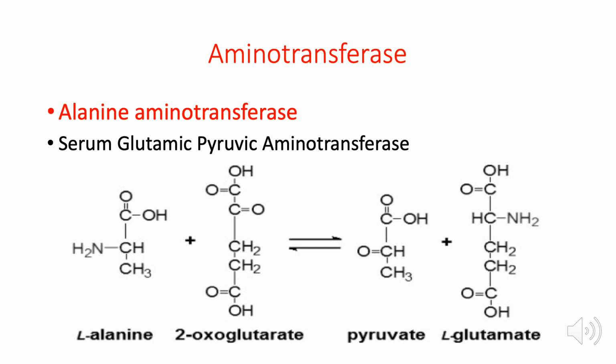Alpha ketoglutarate will become glutamate, and alanine will become pyruvate. The other name for alanine aminotransferase is serum glutamic pyruvic aminotransferase. For you to easily remember this, look at the products of the chemical reaction. You have glutamate and pyruvate.